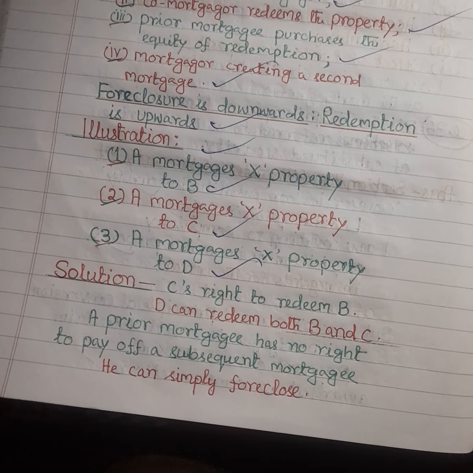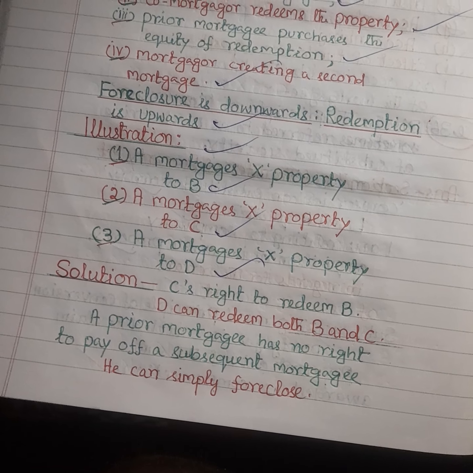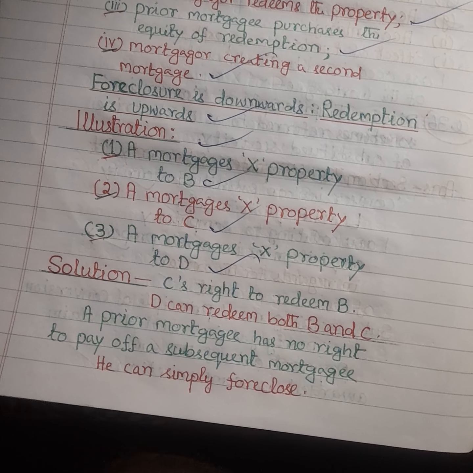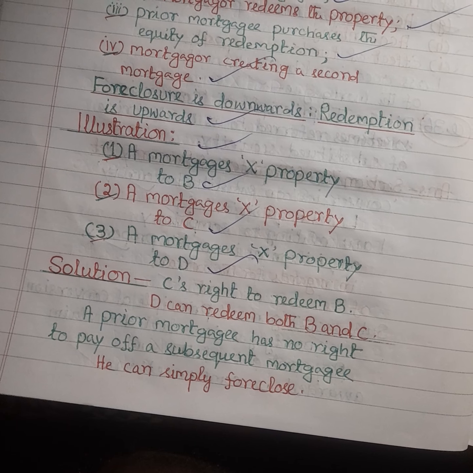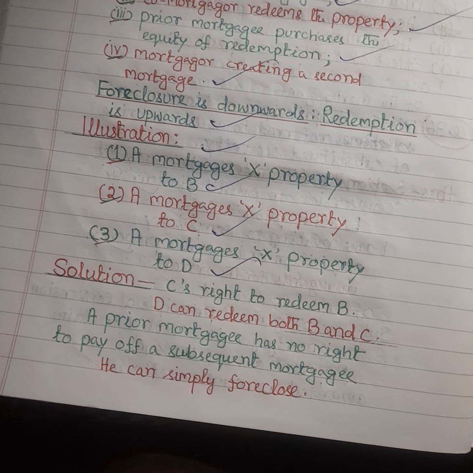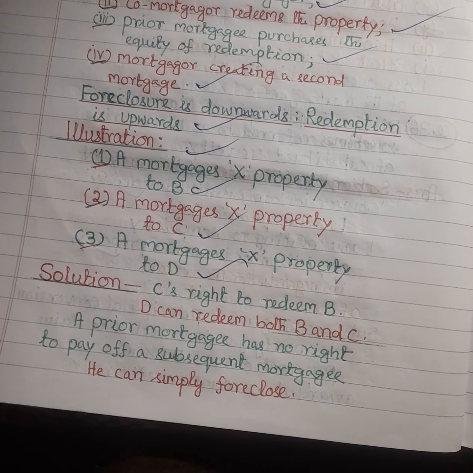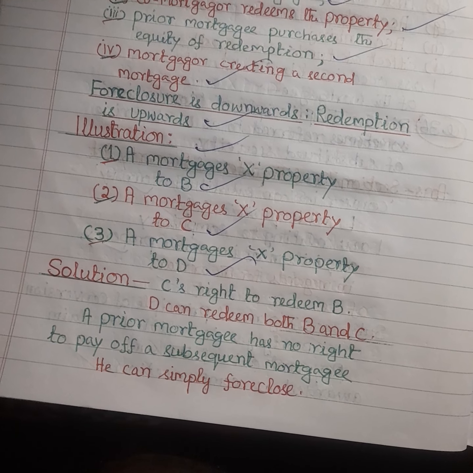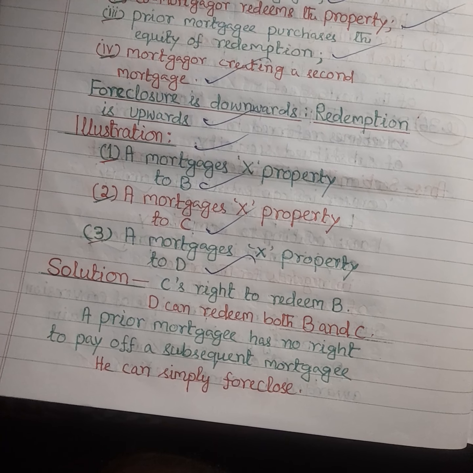We can foreclose C, as part of A's right of redemption has been transferred to C. So we can foreclose C and D, or both.